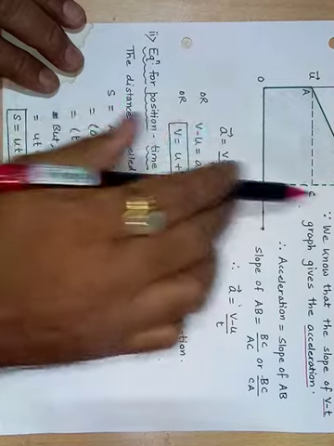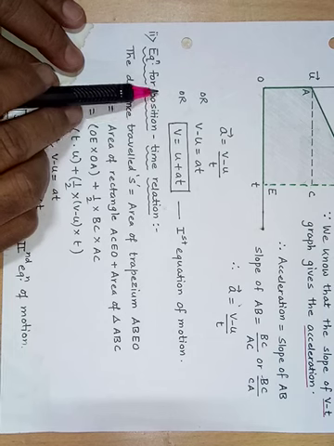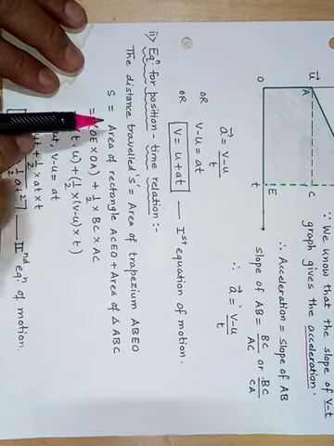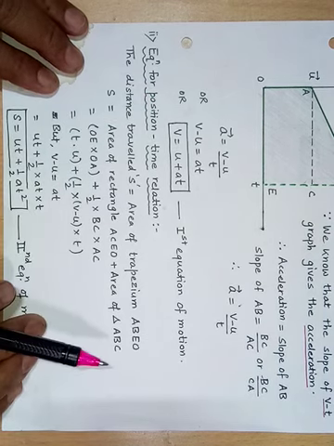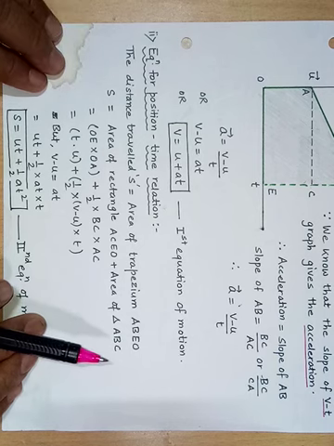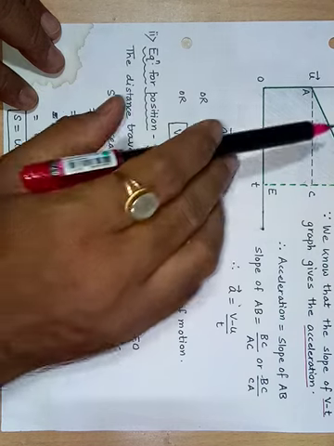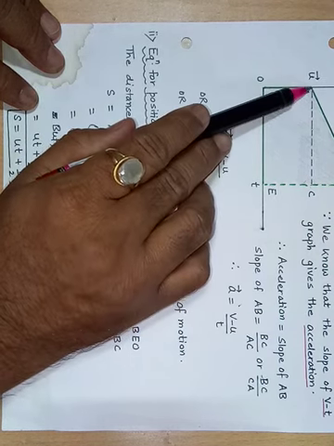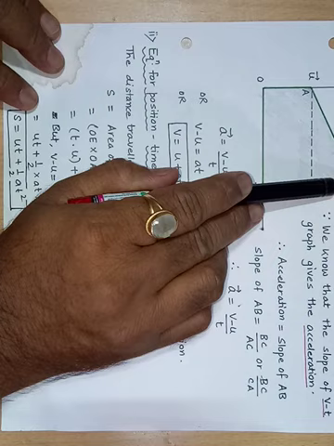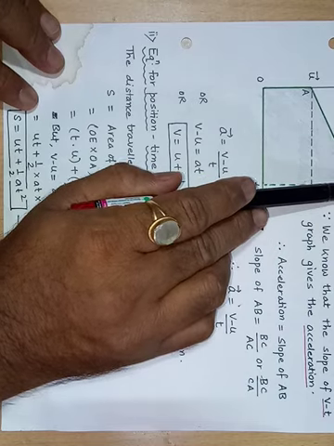From this graph and velocity time relation, I can determine the distance traveled by the object also, because we have seen that with the graphical representation of velocity time relation we can calculate the distance traveled. But what gives the distance traveled? The area under this graph gives me the distance covered by that object.